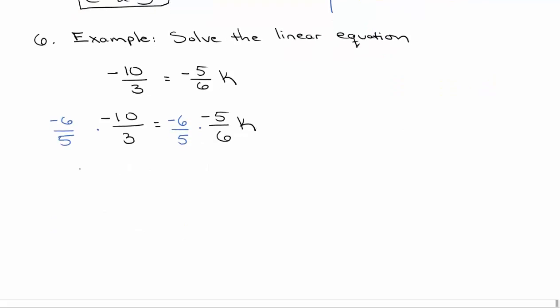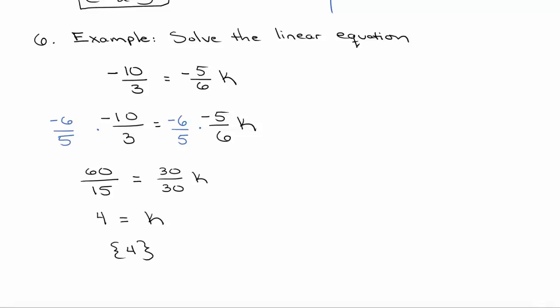So this will give me -6 times -10 is +60. 5 times 3 is 15. -6 times -5, that's going to give me +30. And then 5 times 6 is 30, which is going to just give me a 1. So this will give me 4 is equal to 1k, or just k. So my solution here would be 4.